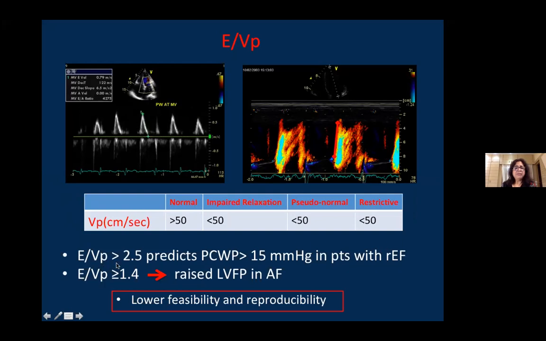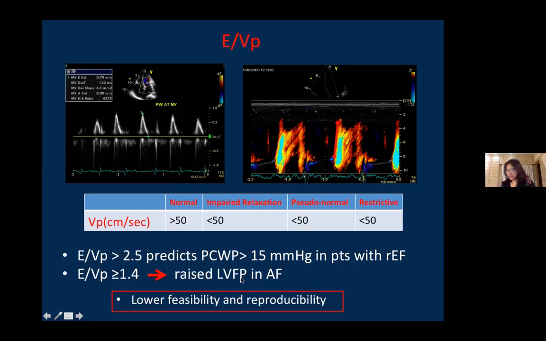If E by VP is more than 2.5, it predicts PCWP at least more than 15 millimeter of mercury, especially in patients with reduced ejection fraction. And E by VP ratio, if it is more than 1.4 in patients of atrial fibrillation, it indicates raised LV filling pressure.